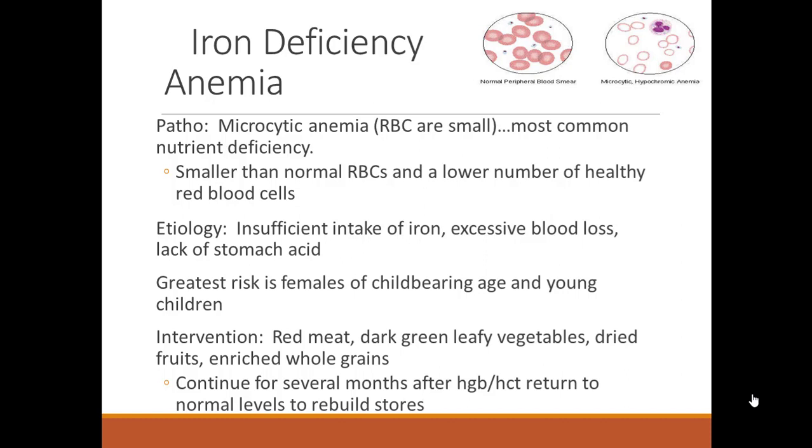Iron deficiency anemia is called a microcytic anemia. Remember, micro: the red blood cells are small, unhealthy, and there's not as many of them. The biggest risk groups are females because of their period. A lot of people get anemic because of their period. Young children are also iron deficient anemics.